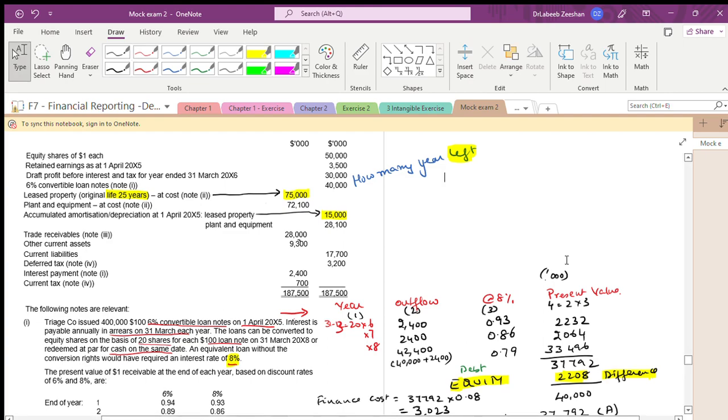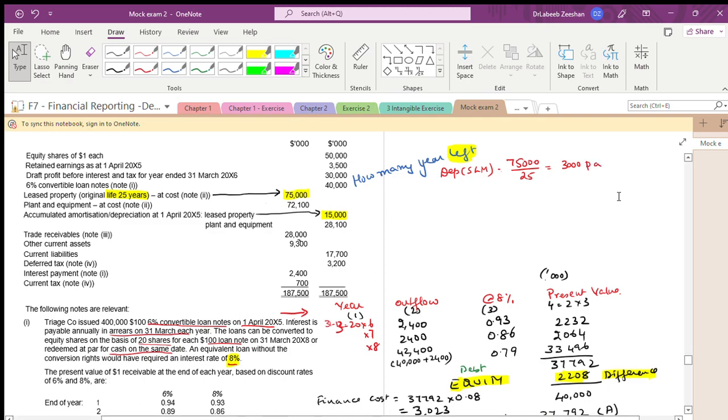They say that depreciation is on straight line method. Are you with me? Yes. Depreciation is on a straight line method. 75,000 divided by 25. How much will you get each year? 3,000 per annum.